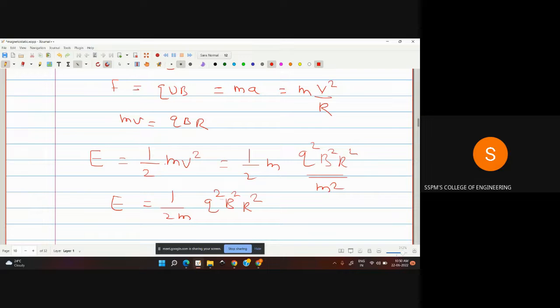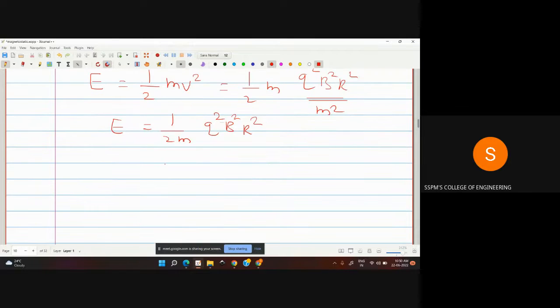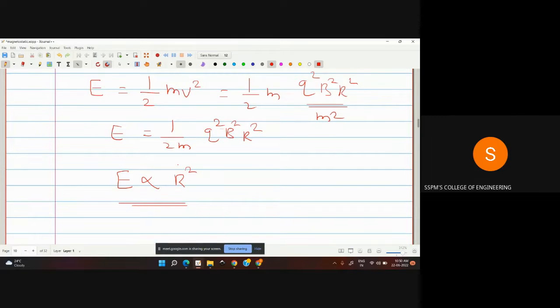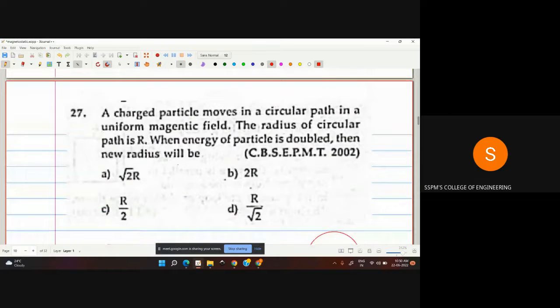Keeping other parameters constant, we can say the magnetic energy is proportional to r square, isn't it? Now if energy is double, आता इथे काय केलेलं आहे बघा, if energy is increased by 2 times, then what will be the radius of the path, isn't it?